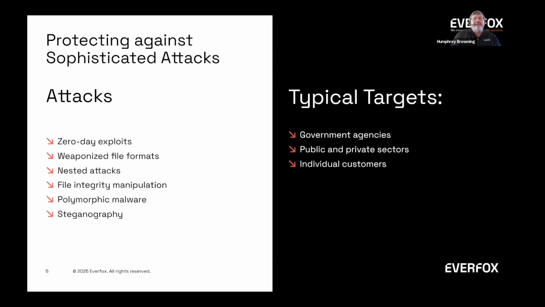Okay, next slide, please, Alex. So what sort of attacks are we talking about here? We're talking about sophisticated attacks that are becoming easier and easier to perpetrate, such as zero days. With the rise of artificial intelligence and machine learning, it's becoming easier for threat actors to create new and novel attacks.